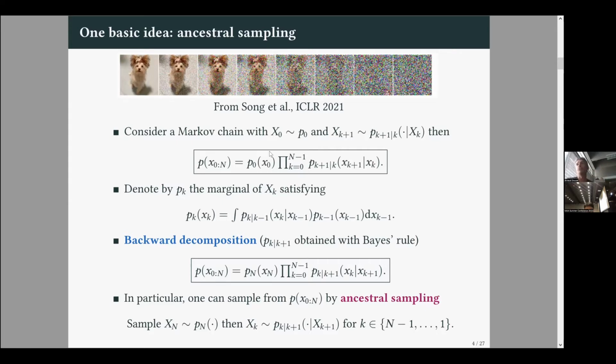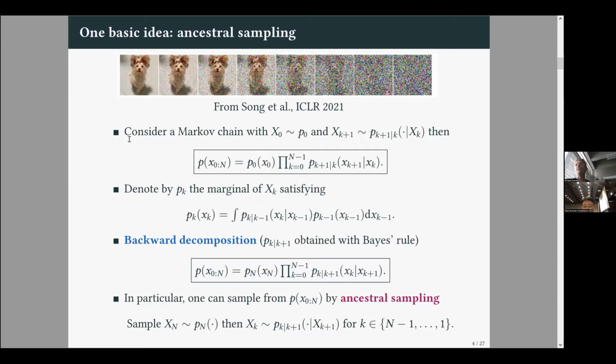If, for example, you have access to CIFAR10, that is the empirical distribution of the database of images. And what you're going to do is define a Markov chain which adds noise progressively to this data.